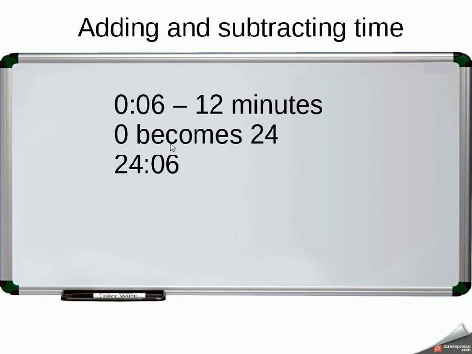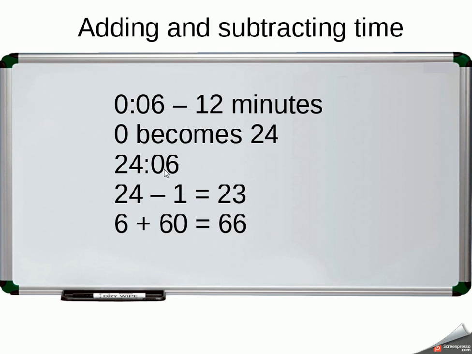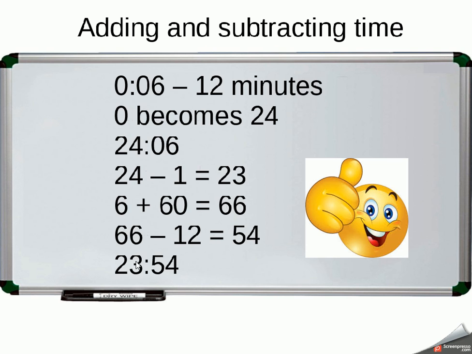And now we still have the problem that the 12 is bigger than the 6, but I can now borrow 1 like we did earlier, take away 1 from the 24 and add 60 to the 6, making 66. So we now have 23 hours and 66 minutes. I then take the 12 minutes away, and my answer is 23 hours and 54 minutes.